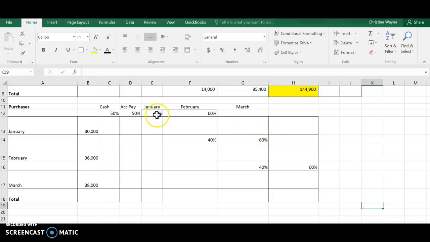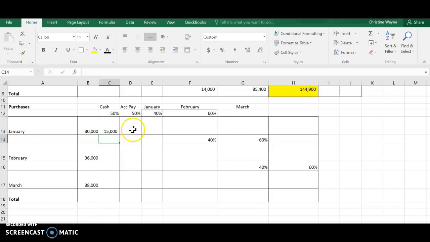Now the same concept applies when I'm looking at my purchases and how much I'm going to be spending during that same time. Here, we have 50% of our purchases are paid immediately in cash. The other 50% are going into accounts payable. So I'm going to take my purchases and times that by 50%.